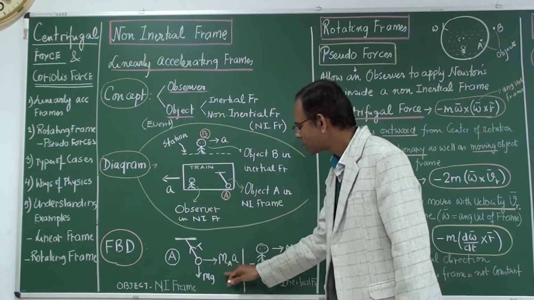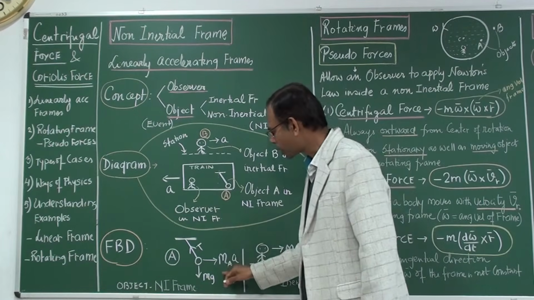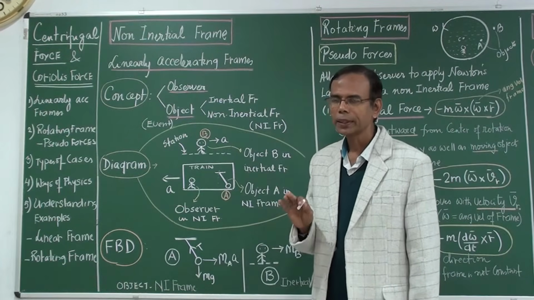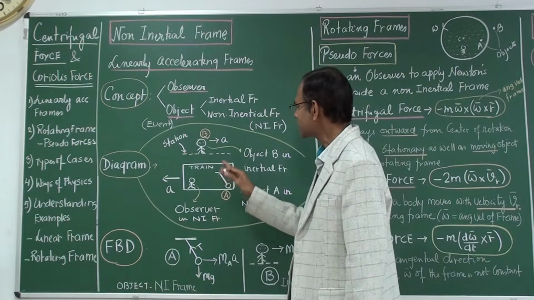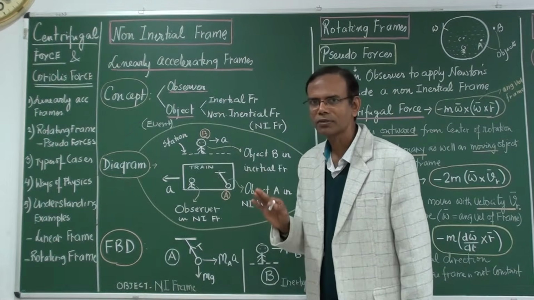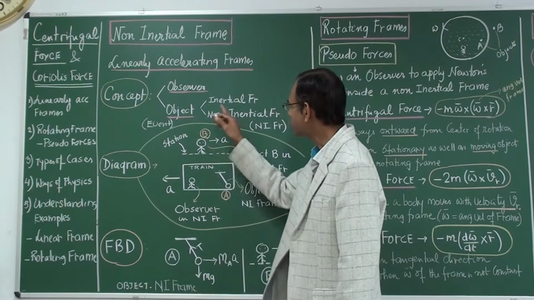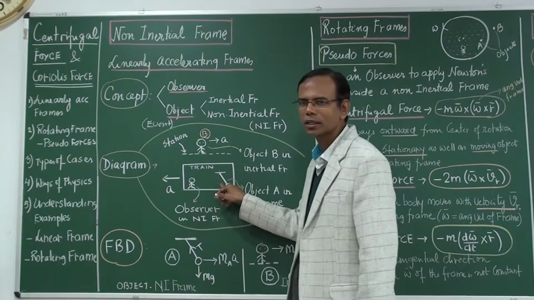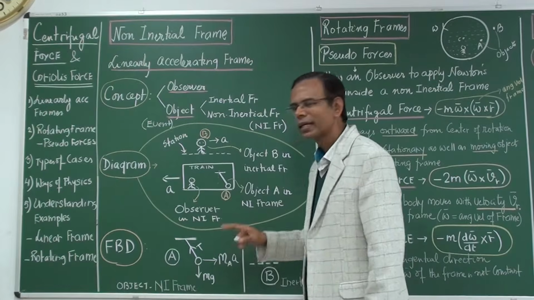Now, let us come to the formulas and concepts that we usually do. We are not going for any proof now; the proofs we will do later in the chapter on non-inertial frames. The concept is that in a non-inertial frame, in order to see any object, whether the object is in the inertial frame or in the non-inertial frame, the observer has to put a force which is known as pseudo force.